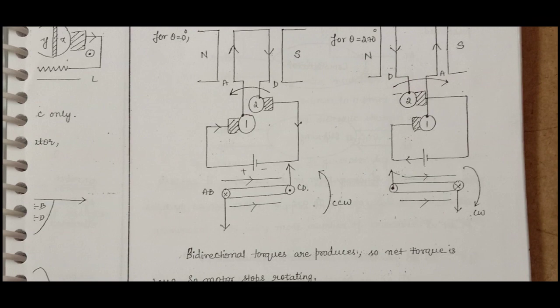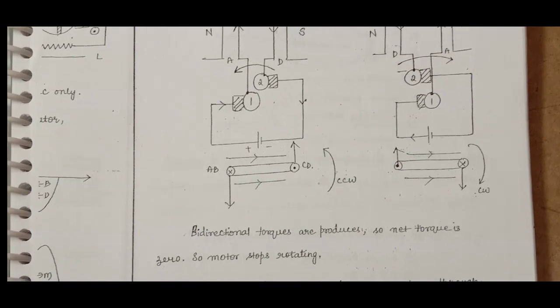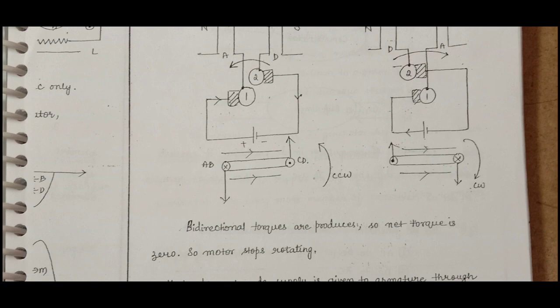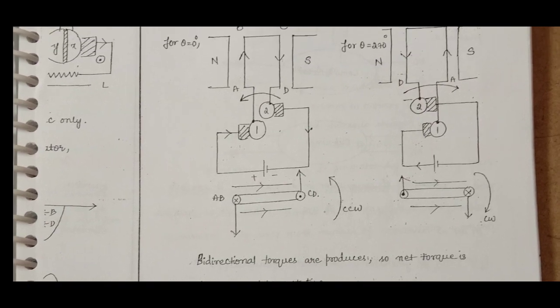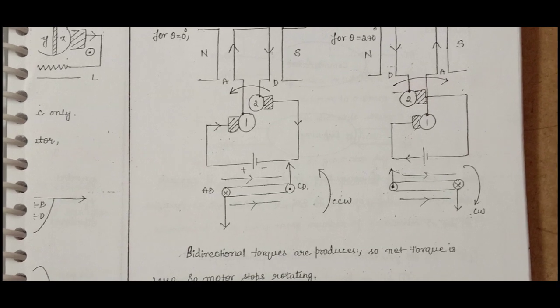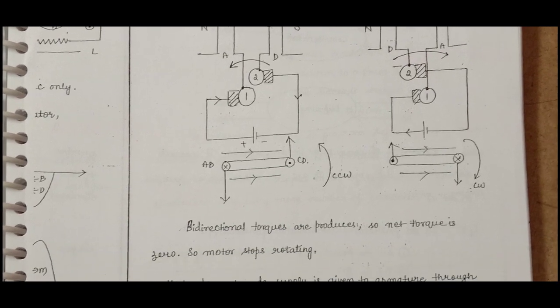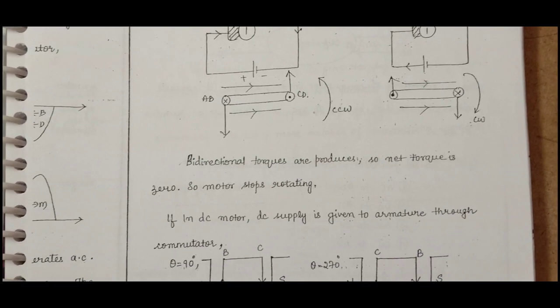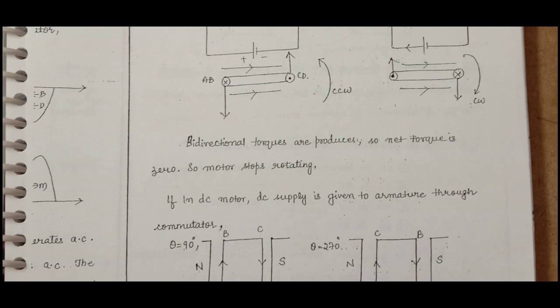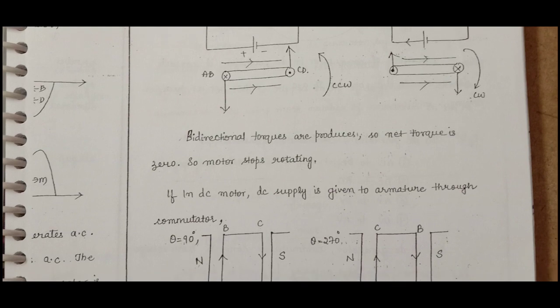So the net torque developed in the machine is 0. It is called bidirectional torque. Bidirectional torque is produced, so the net torque available in the machine is 0. So the motor stops rotating.